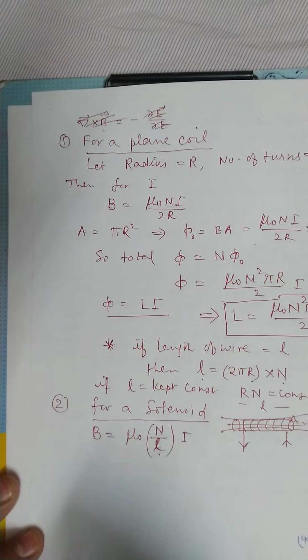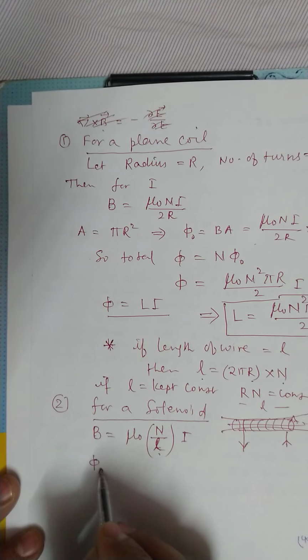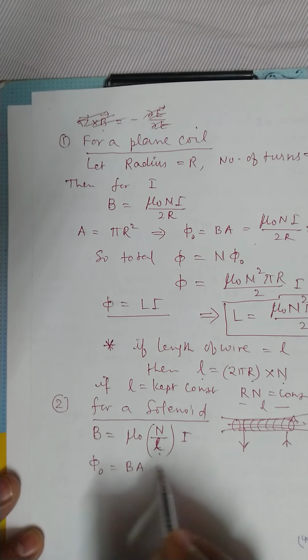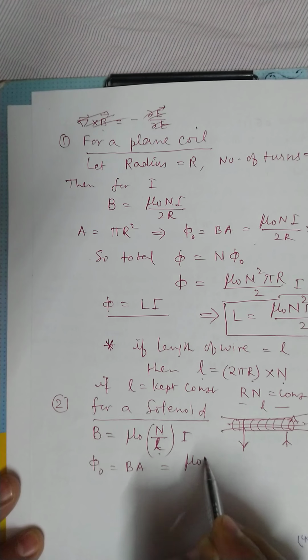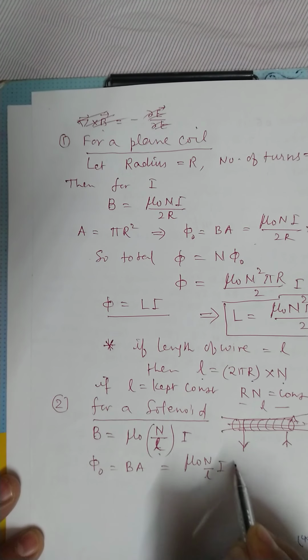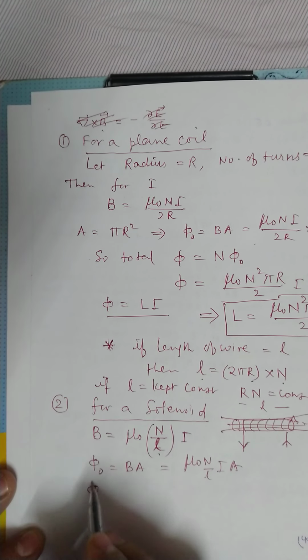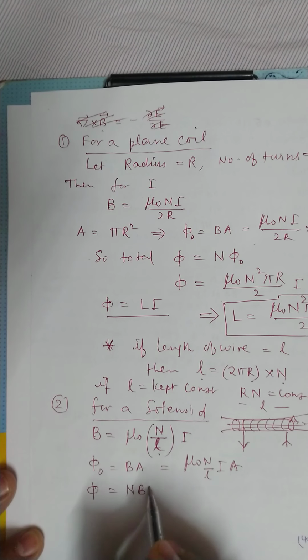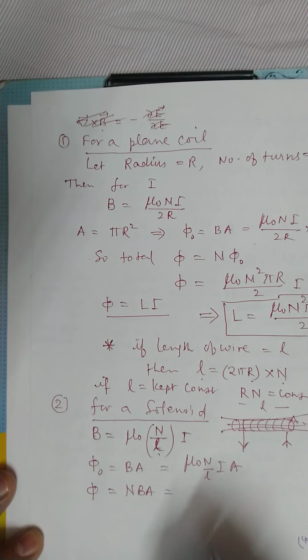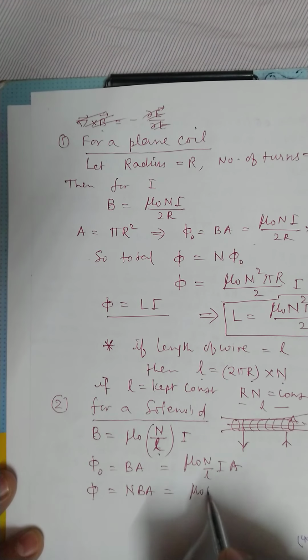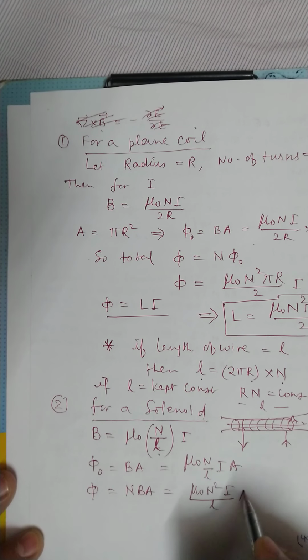So flux associated with each turn will be BA, that is mu 0 N upon L I A. So total flux associated will be NBA, and that will be mu 0 N square I upon L into A.